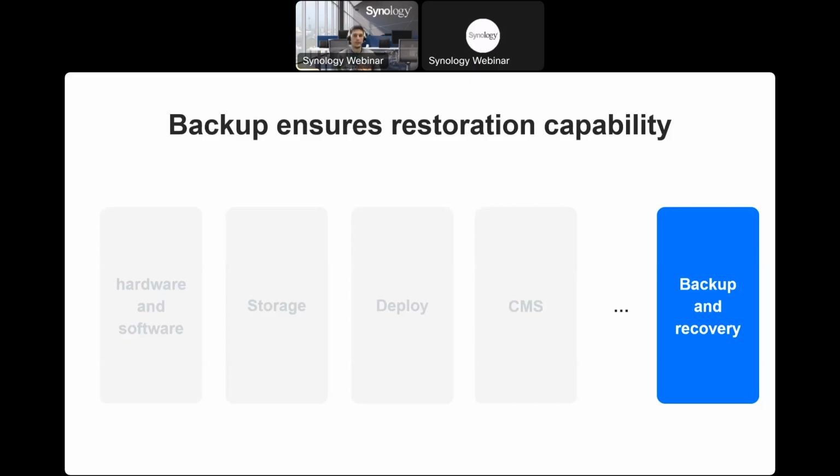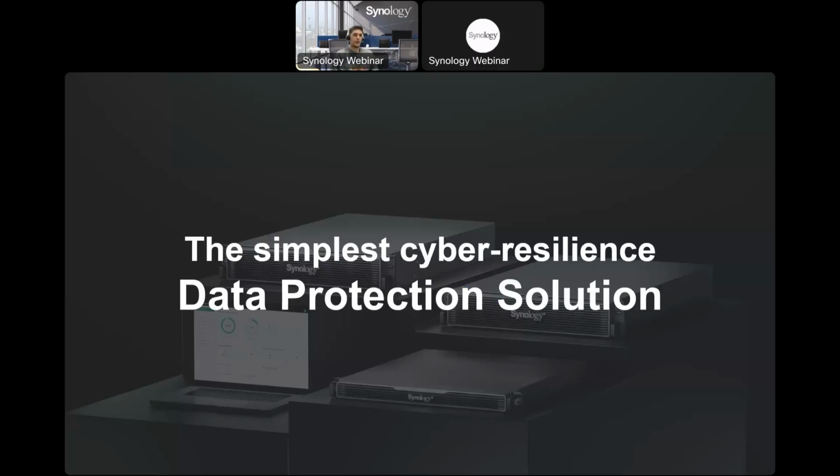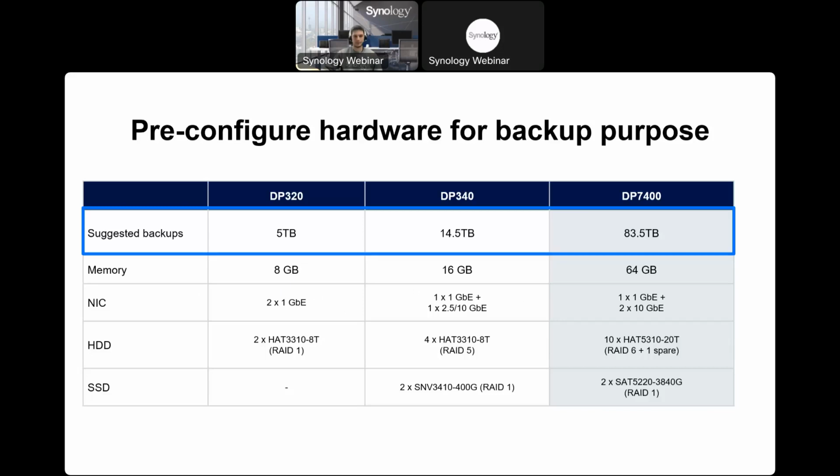If an incident occurs, what IT environments look for is the fastest data recoverability to ensure business continuity. So it would really come in handy if we had a simpler way for this recoverability. Luckily, we have that solution for you, as we have introduced in the previous webinars with our new DP series. We aim to deliver the simplest data protection solution to the enterprise market.